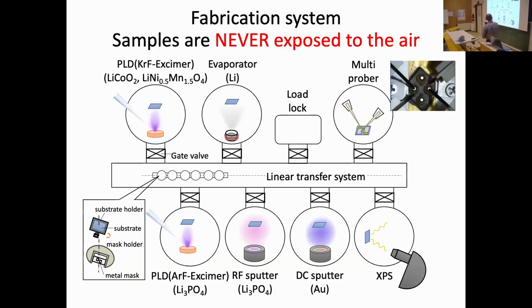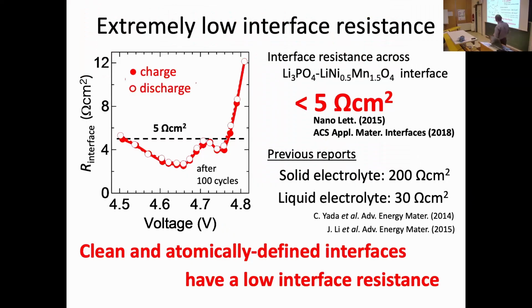This is our system. Please come to our lab. This is a manual system. Many chambers are connected: thin film growth, a prober, and XPS, so we can understand the interfaces.